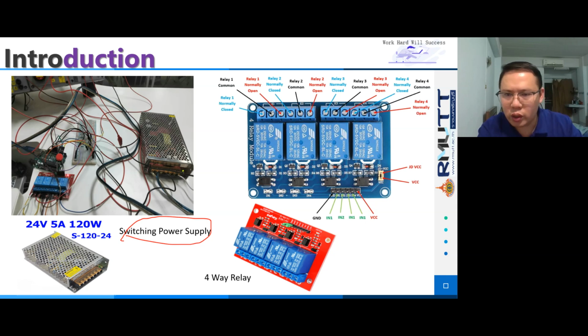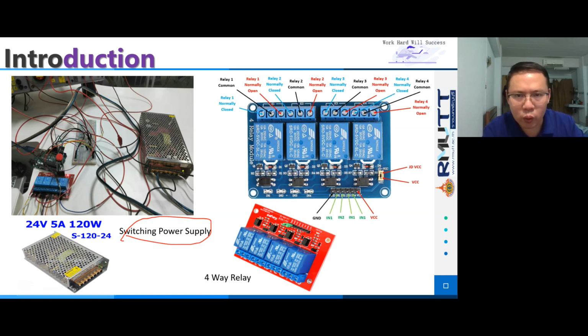The switching power supply is a switched-mode power supply, short title SMPS. It is an electric power supply that incorporates a switching regulator to convert electrical power efficiently, converting AC current into DC current so it can be used by the device.